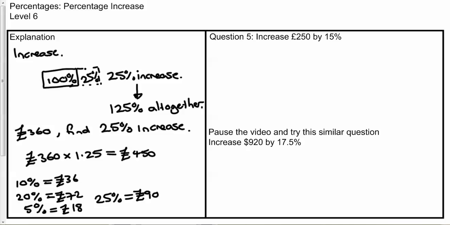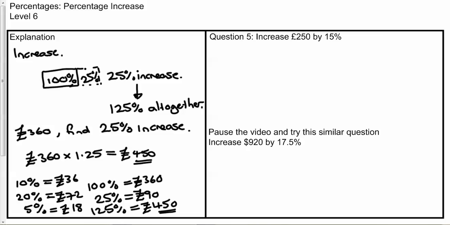If you then add that on to the original 360, we get a 25% increase, and we end up with £450.